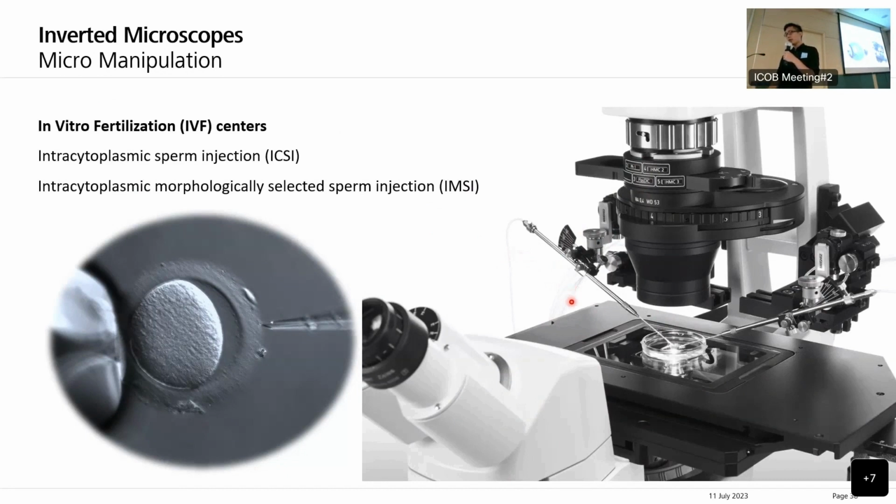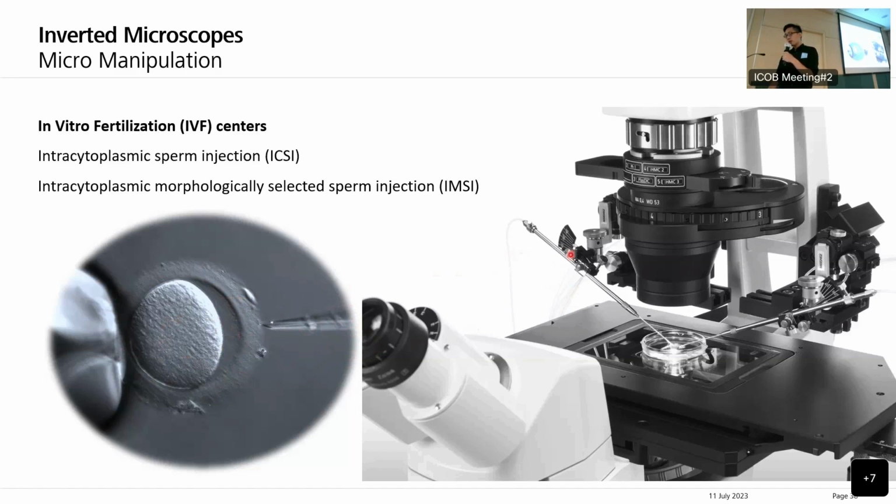The one on the left side is the thicker needle, which can suck the eggs from the human body. And the tiny needle on the right-hand side is for injection, so we can inject the sperm into the eggs. Sperm comes from the tiny needle and penetrates through the outer layers of the egg, then goes inside to fertilize the egg.